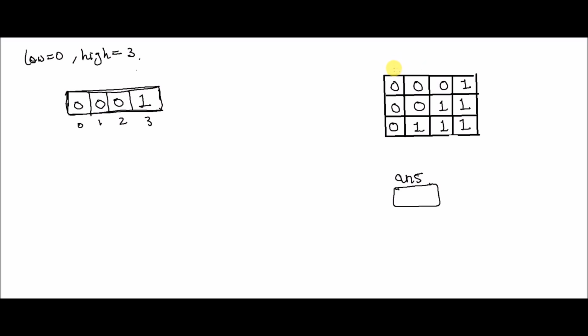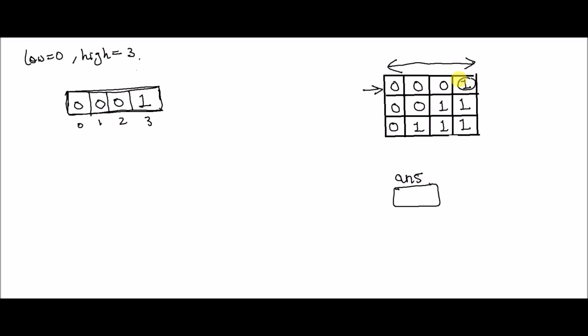Whenever we hear the term sorted, the first thing that should come to mind is binary search, and that is what we'll be implementing in this question. If you look at each row, each row is sorted. So I will first apply binary search on the first row, and that binary search will give me the index of the first one that I encounter.